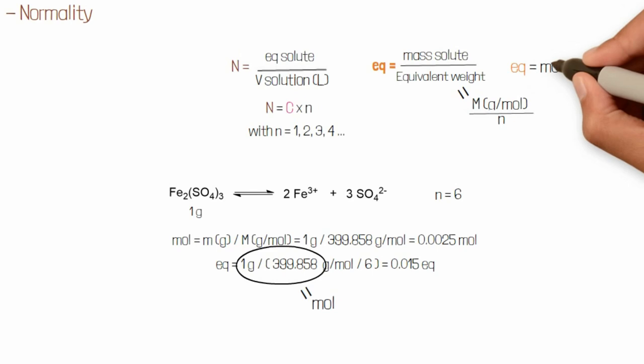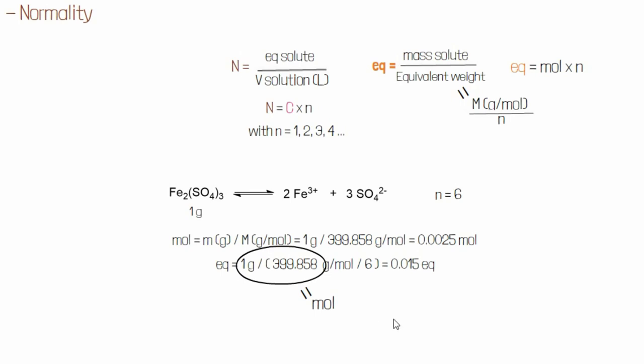And this relationship is that equivalent equals mole times N. So we now have two expressions to find equivalents. One is the mass of solute divided by the equivalent weight, and you need to remember what the equivalent weight is, which is molar mass divided by N. Or more simply, you can just remember that equivalent is actually moles times N.